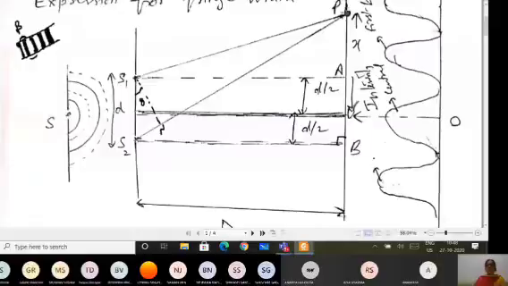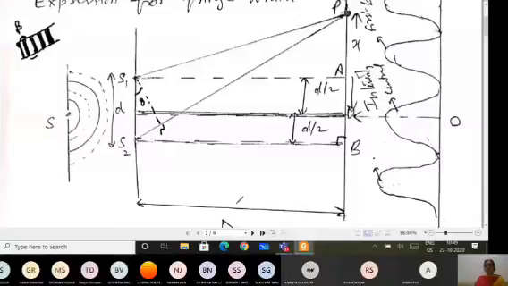Similarly, if I want to find S1P, I will take this triangle S1AP. In this triangle S1AP, S1P whole square is equal to S1A whole square plus PA whole square. Now this S1A is equal to capital D, while this AP is equal to x minus d by 2.